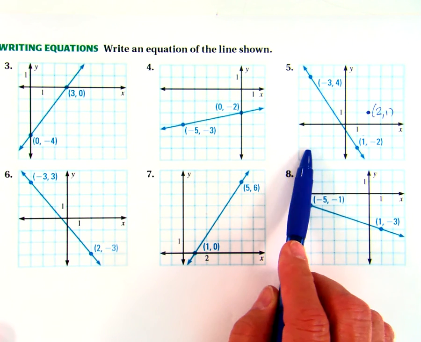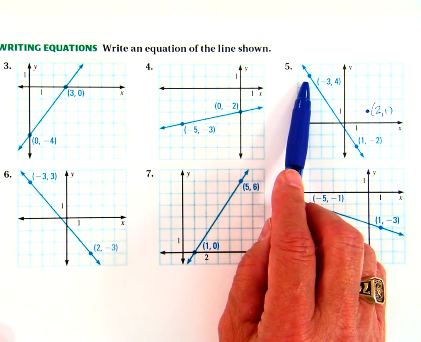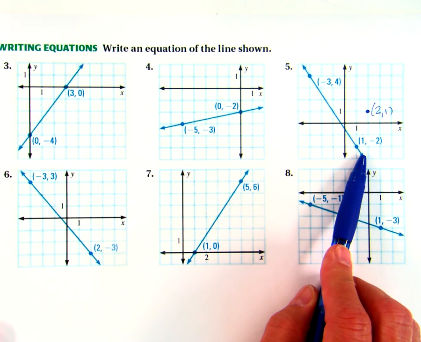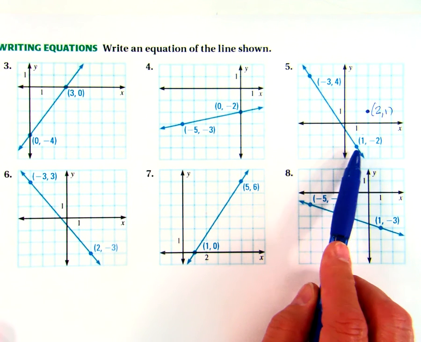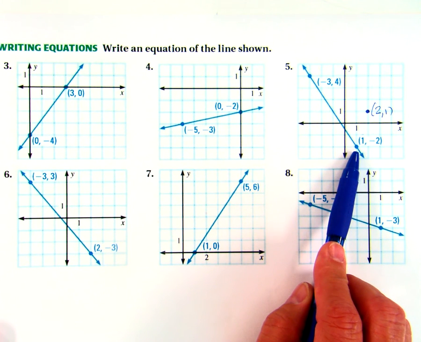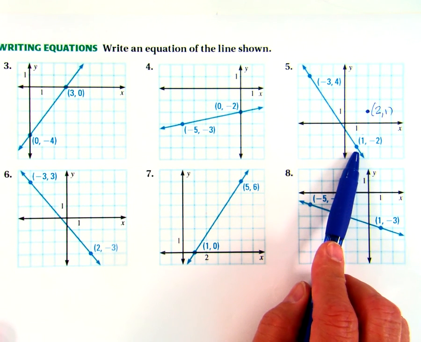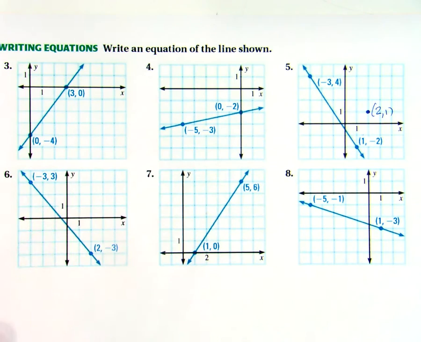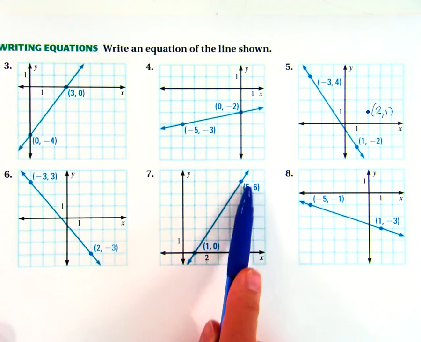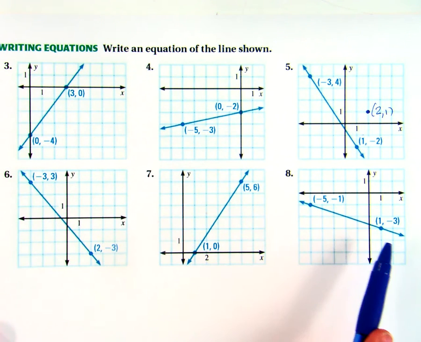Well, you can count the slope and you can back it off and get the intercept if you want. Or it's probably easier to use the point-slope form since you know 2 points exactly. So when there are 2 points, it's probably easier to use the point-slope form.